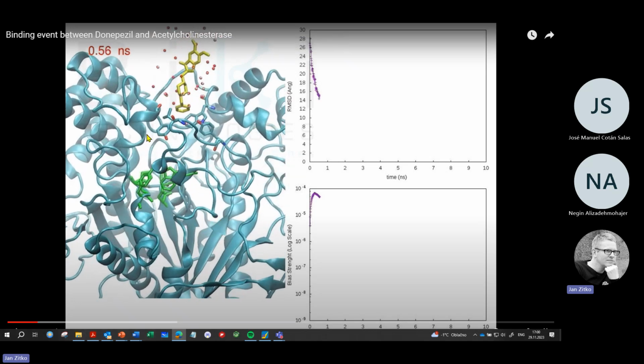Here, this is the protein, the acetylcholinesterase. The green amino acid residues are the highlighted binding site. And here we have donepezil, which is the ligand that should bind to the active site. Now the ligand is somewhere outside of the protein. These tiny spheres around are molecules of water, so we are using explicit solvent.